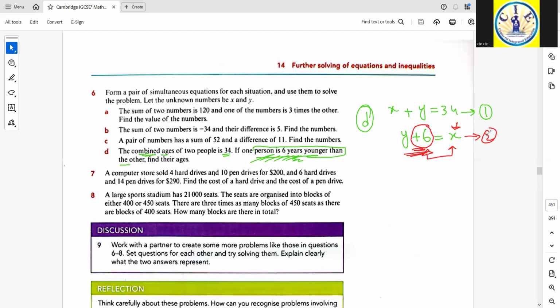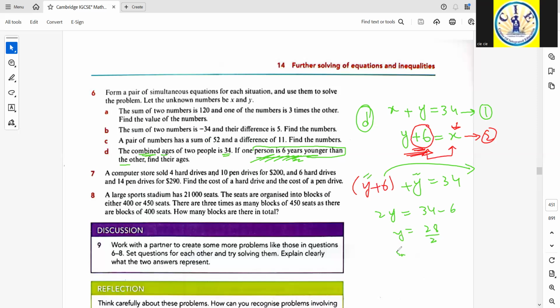So now this leads me to solve it using the substitution method. I can use the value of x in equation number 1. So y plus 6 at this place, then plus y is equal to 34. Now y plus y is 2y, and let me shift this 6 to that side. 34 minus 6, which is 28.